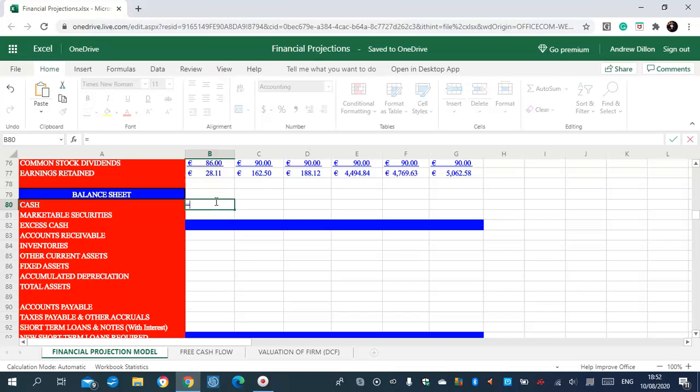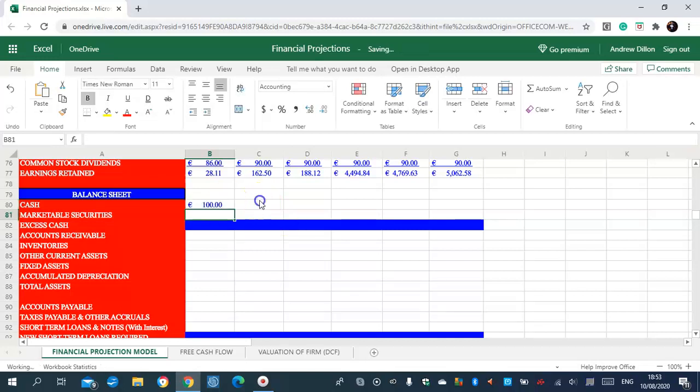This will require an if statement. So that's not so excess cash. Okay.